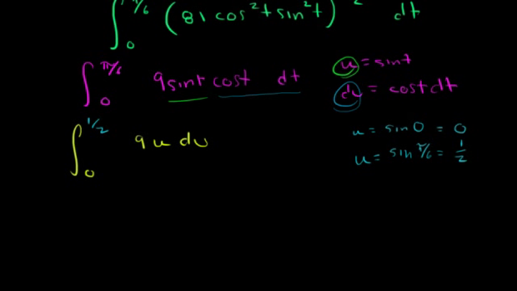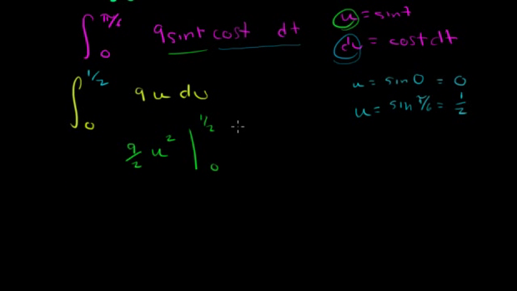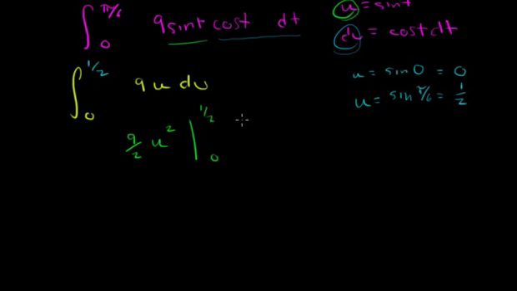Okay, so now we can integrate this. When we integrate, we get 9/2 u squared from 0 to 1/2.